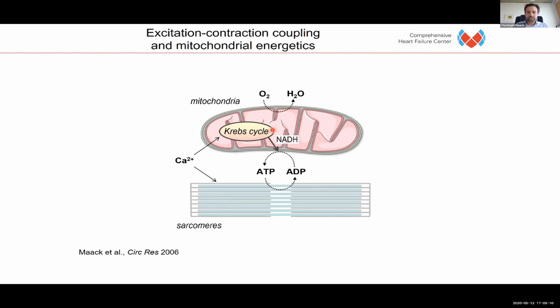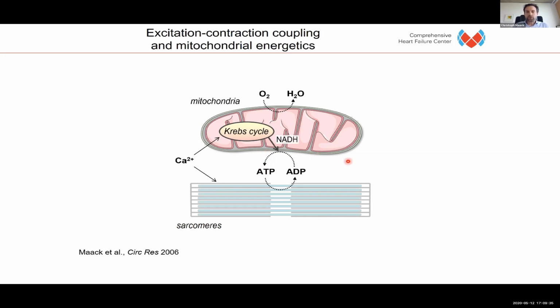And the Krebs cycle produces NADH and also FADH2, which deliver electrons to the respiratory chain, complex 1, and this electron transfer leads to a proton translocation, and the membrane potential and the proton motive force drive the ATPase to regenerate the ATP.